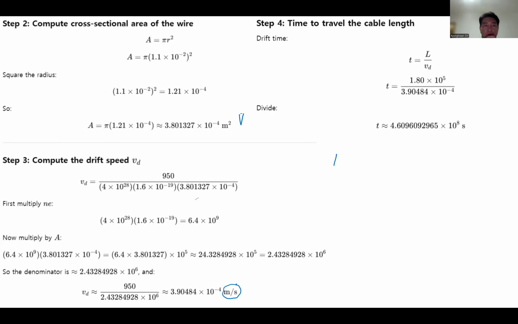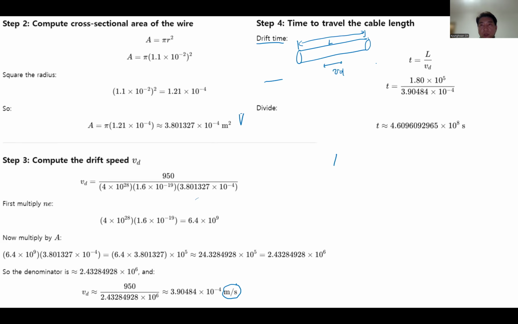And then once the drift velocity is given, what we need to do is to find out the drift time. The length is given, and each electron travels with the drift velocity.